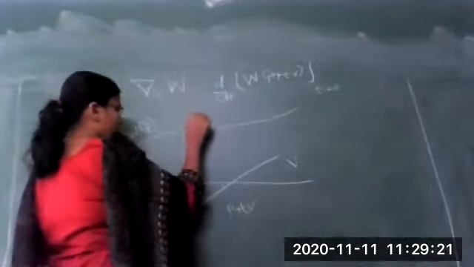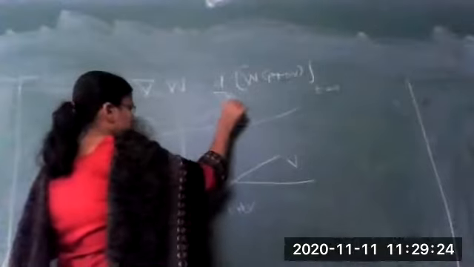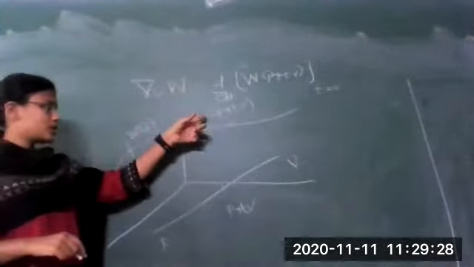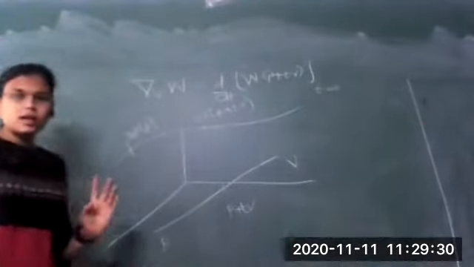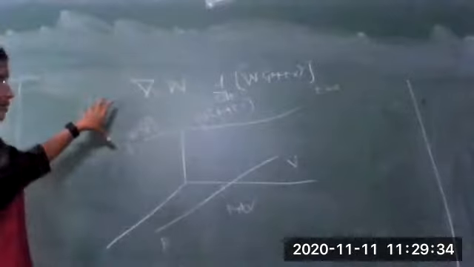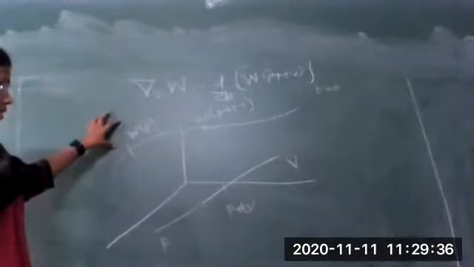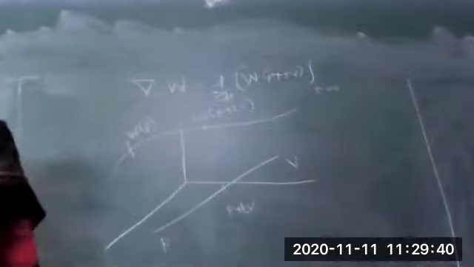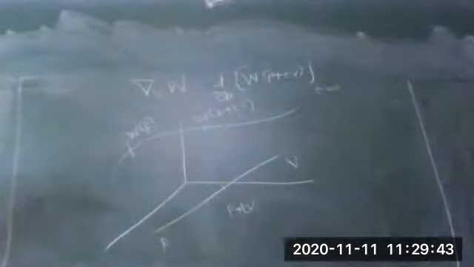So this will also be W of P plus T. Here you can find the rate of change: just differentiate with respect to T and you will get the covariant derivative. That means we are finding the rate of change of a vector field W at a point P in the direction of a tangent vector V.